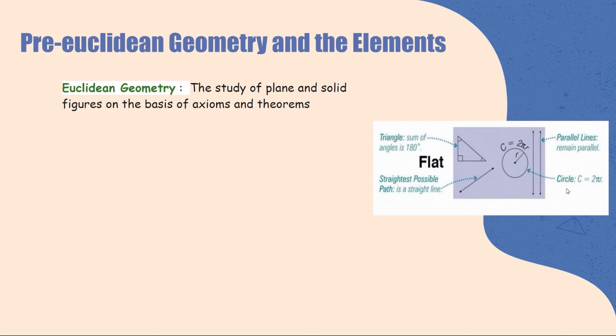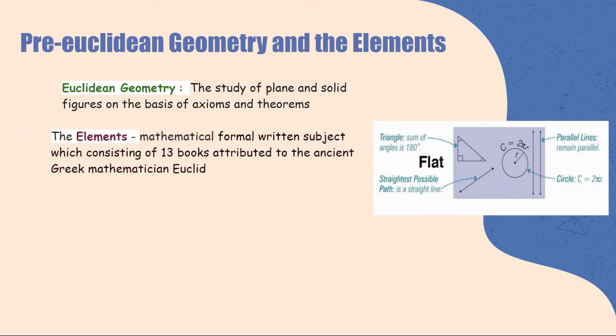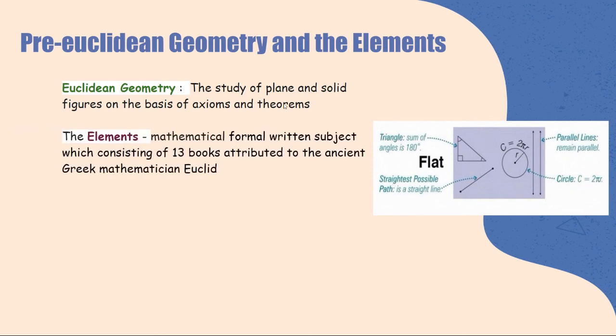Okay, let's continue to the Elements. The Elements is a mathematical formal written text consisting of 13 books attributed to the ancient Greek mathematician Euclid, which my friend explained just now. The books cover plane and solid geometry.